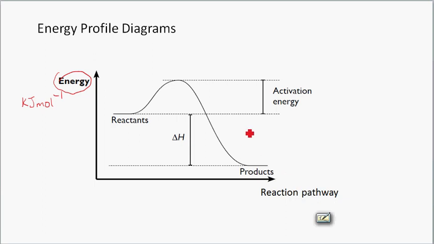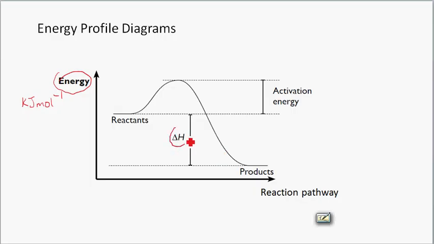Right, now this curve represents an energy profile diagram. On the left hand part of the curve we put the reactants, and on the right hand side we have the products.